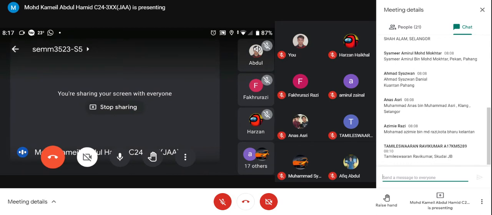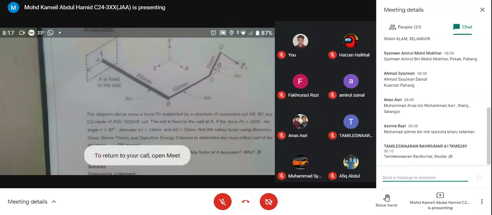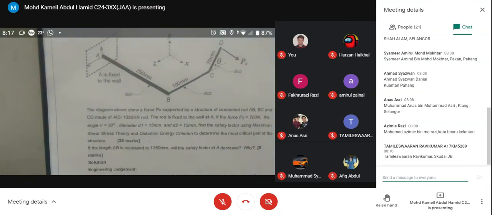Okay, what are the common loading for the structure?